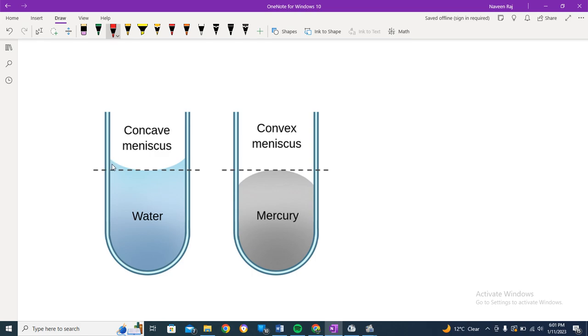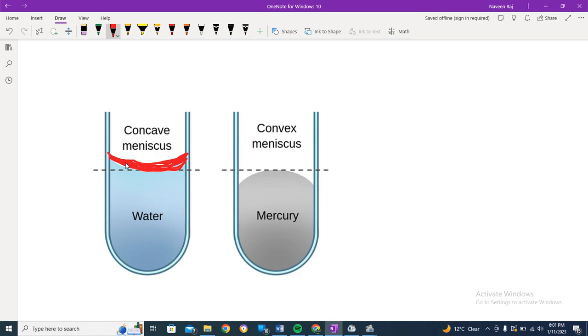You put water into the test tube, and you will find that there would be a meniscus like this. Even though this is a slight meniscus, you may be unable to see it with your naked eyes. You can observe it with a microscope: there is a curving present, an inward concave meniscus.